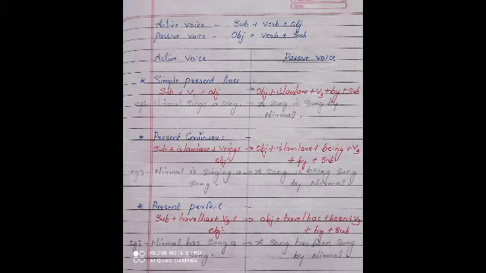Then its passive voice: object plus the same is or am or are plus, and in continuous tense, in passive voice, we should add being, B-E-I-N-G, being. So object plus is or am or are plus being plus then the third form of the verb. Already I have taught you this.